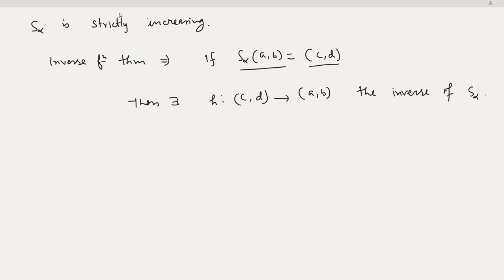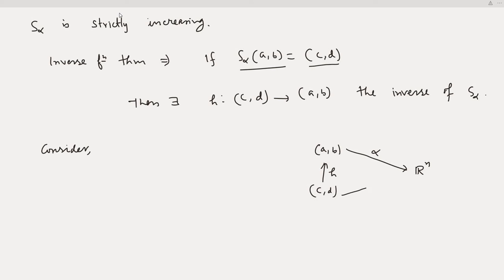Now let me draw a picture: (a, b) here, and here we have (c, d), and this is the function h, and this is R^n, and this is the curve alpha.